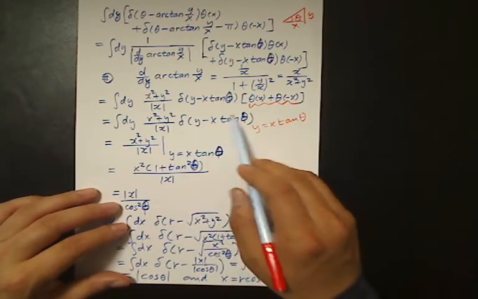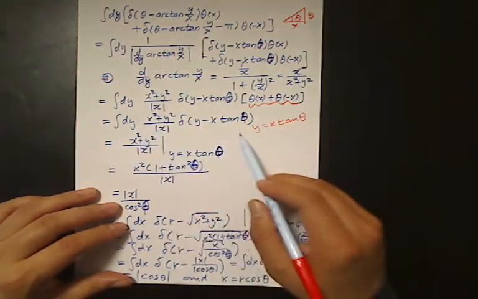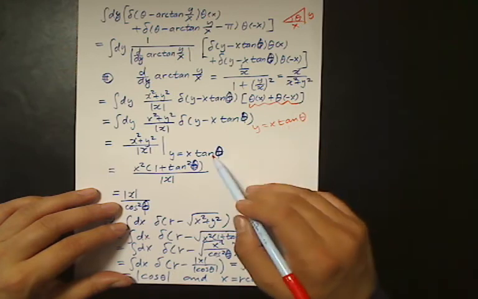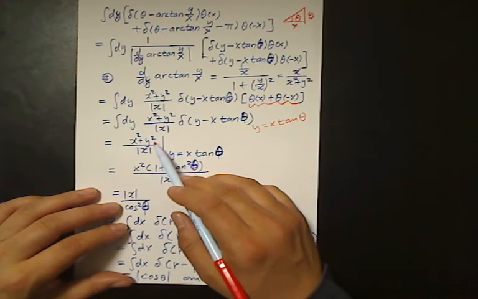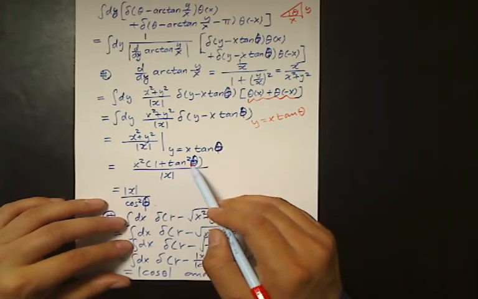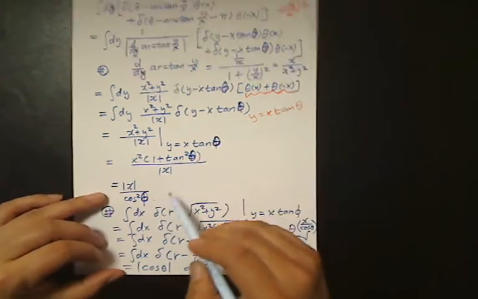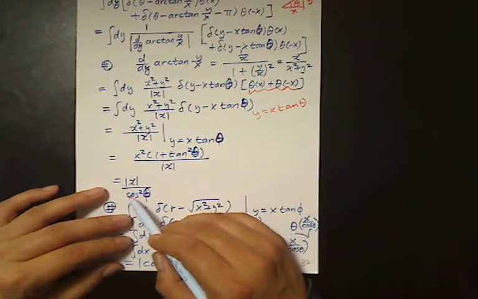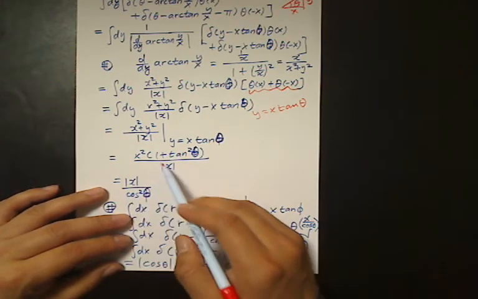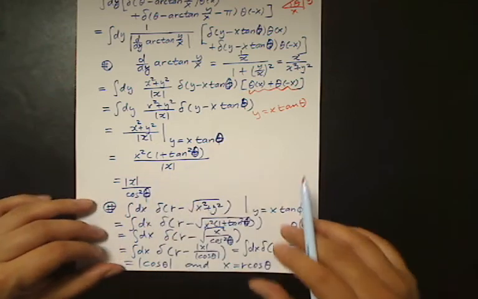And after this delta function integral over y, we can substitute y equals x tangent theta, and that is a factor x squared to factor out, and 1 plus tangent squared theta is secant squared theta. So cosine squared theta is in the denominator, and the overall factor is the absolute value of x.